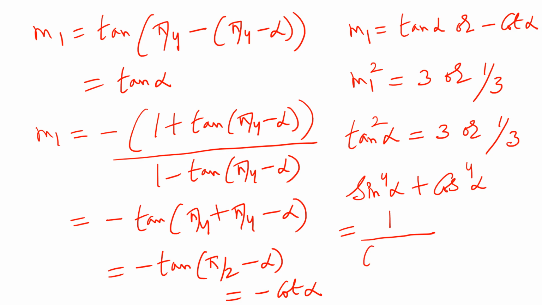So I can write this as 1/(1 + cot square alpha) whole square. And cos^4 alpha can be written as 1/(sec^4 alpha). And we know that sec square alpha is 1 + tan square alpha. So now it becomes 1/(1 + tan square alpha) whole square. Now students, it's very easy to find the value of this expression because we already know the value of tan square alpha. So now we move further.